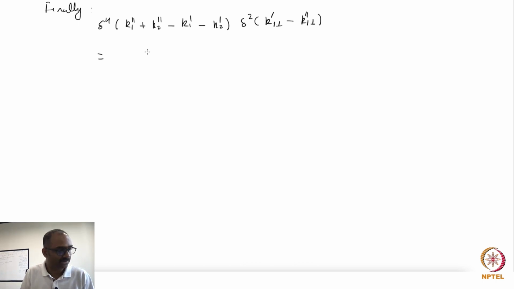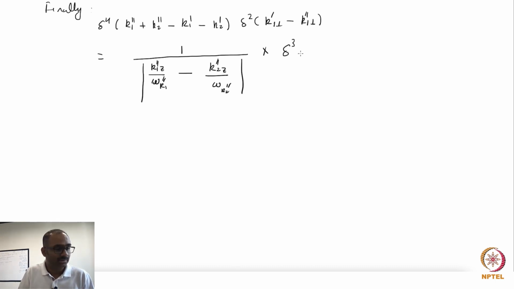We have shown that this is equal to k2 double prime z over omega k2 double prime, okay, that modulus times delta cube, which enforces the equality of all the three components of k1 and k2, k1 prime and k1 double prime and k2 double prime and k2 prime.